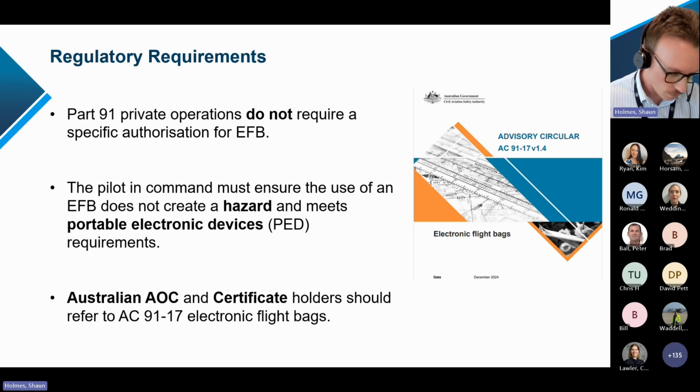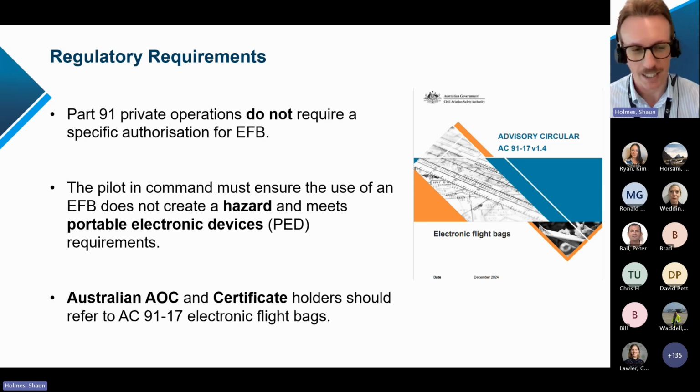Now, for AOC, Australian AOC holders, generally speaking, an Australian AOC holder is required to be approved by CASA prior to first use of an EFB. For certificate holders, there are other requirements.